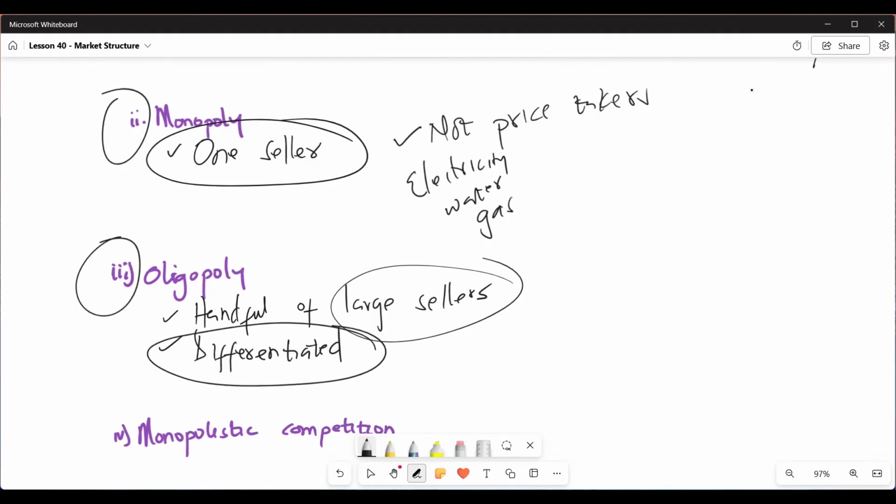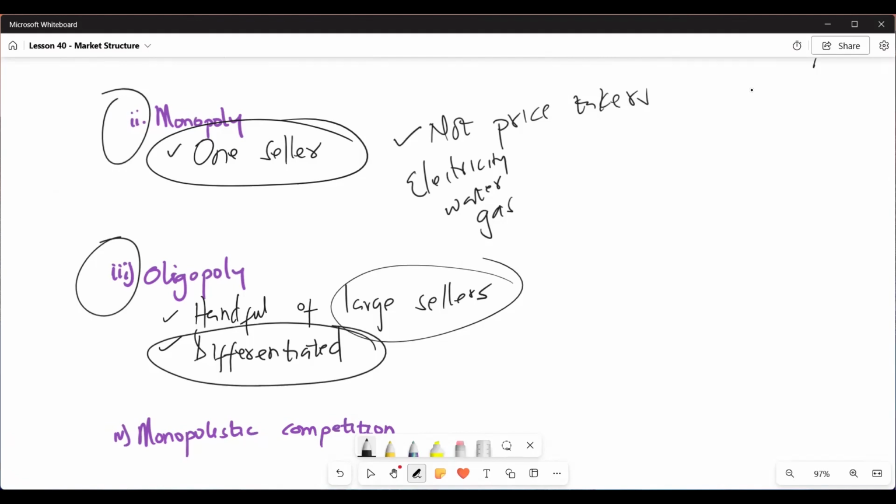Now, one example of oligopoly is the automobile industry. You can have two cars, both saloon cars, but because of branding, consumers may prefer one to the other. The two are serving the same purpose, which is transporting you from one place to another.